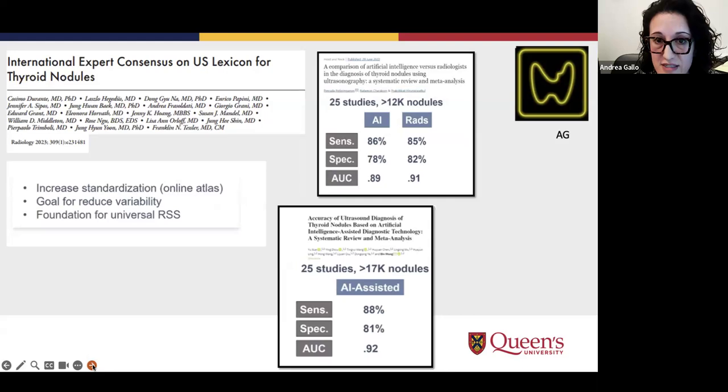There have been some studies evaluating the use of AI, and actually the numbers are quite good. AI-assisted tools are doing pretty well, similar to the radiologists. And we probably will be using AI assistance soon as well. Next slide.